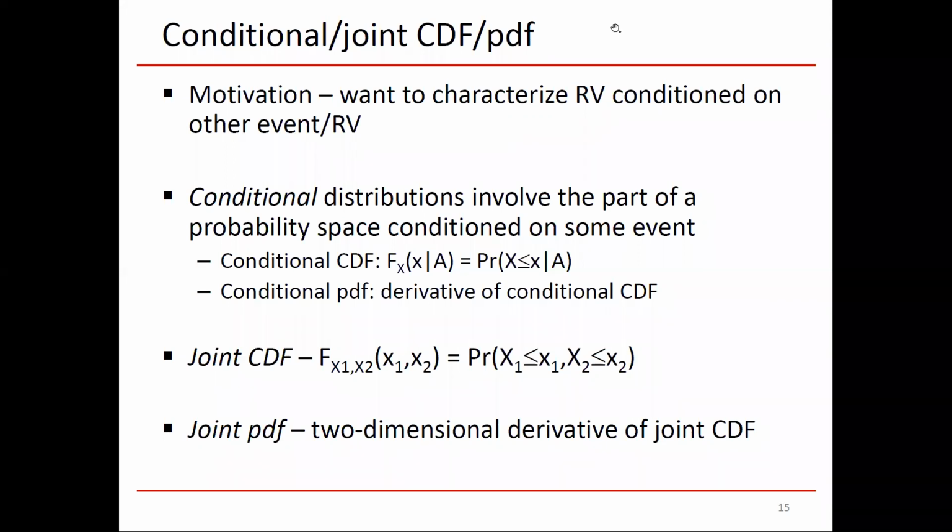So you may want to think about this as a two-dimensional world. We'll have one axis, the horizontal axis, for the random variable x1, and the second axis, the vertical axis, for the variable x2.